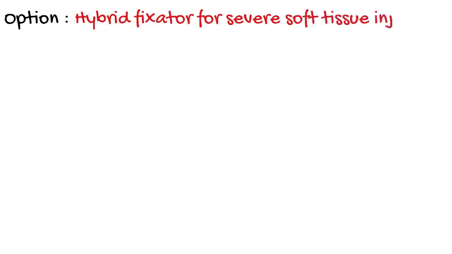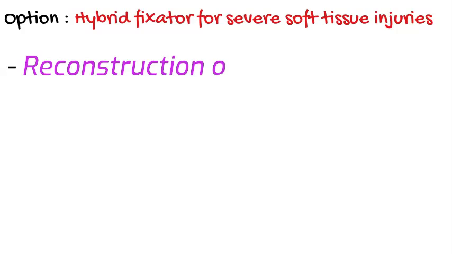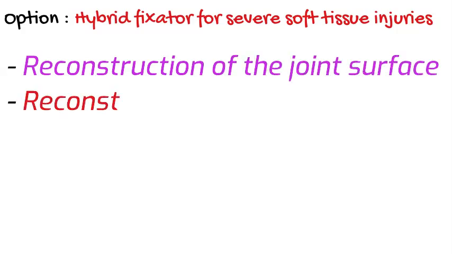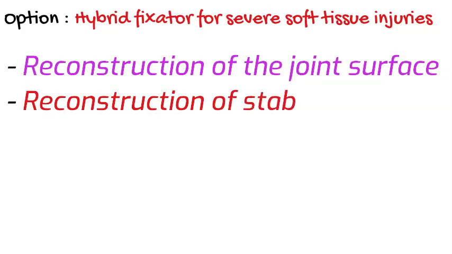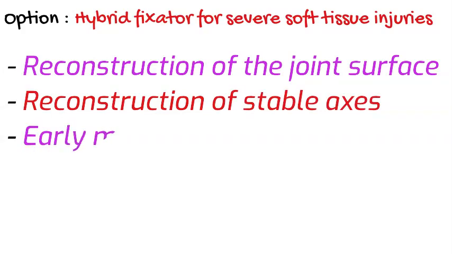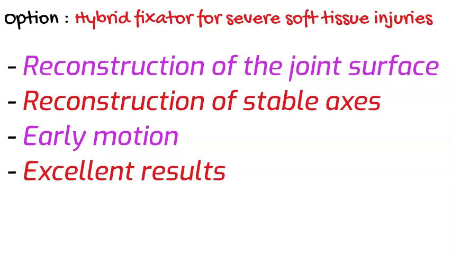Option of hybrid fixator for severe soft tissue injuries. It reconstructs the joint surface, reconstructs a stable axis, allows early motion of the knee, and has an excellent result if it's done by the proper surgeon.